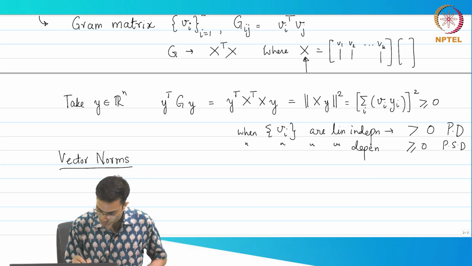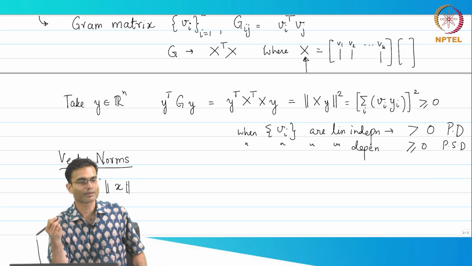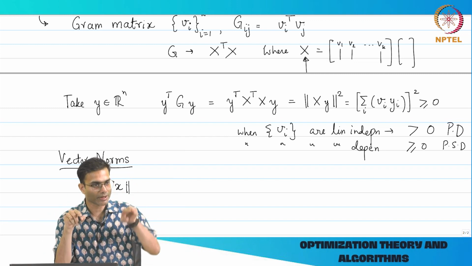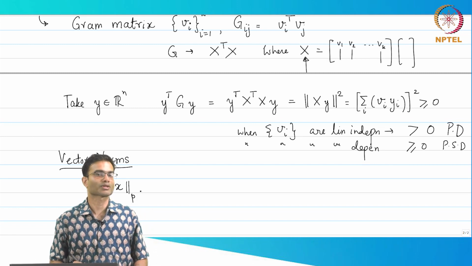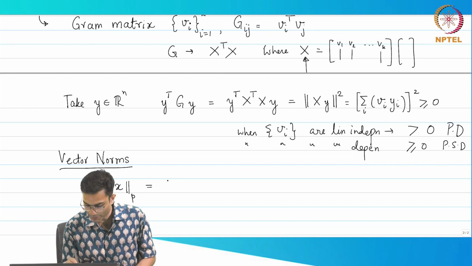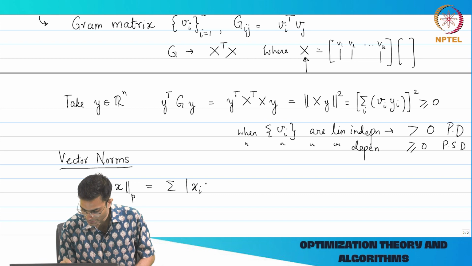Okay. So the first sign that we're talking about norms is the fact that I didn't put an absolute value sign, because there are two double bars over there. The most general definition is what is called a p-norm. So the p-norm, how do I define it? There's going to be a summation, right? There's going to be mod xi to the power p.